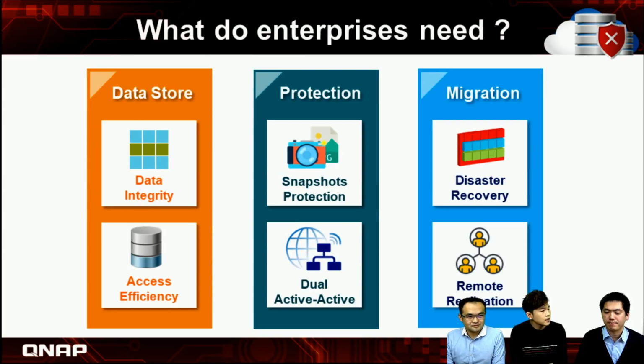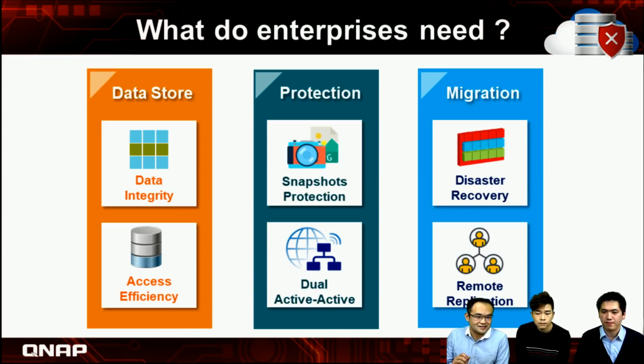What do enterprises need? According to the question mentioned by Kevin, we can know what enterprise storage needs. First is the data store, where we have to guarantee data integrity and use data capacity efficiently. For protection, we need to provide snapshot protection and also a high availability design, so that the business continues even with only one node failing.